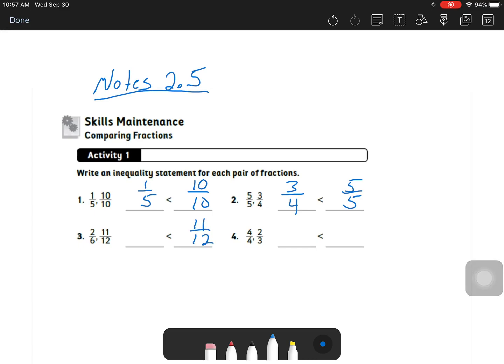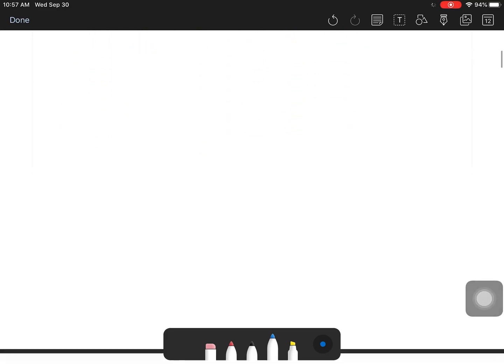So we're going to put that over on the bigger side. 2/6 is relatively small because 2 is small compared to 6, where 11 is pretty large compared to 12. And on this one, again, if we have an improper fraction, that's definitely the bigger one. So 4/4, which is equal to 1, is going to be the bigger one. The 2/3 is going to be the smaller one, so it goes on the left.